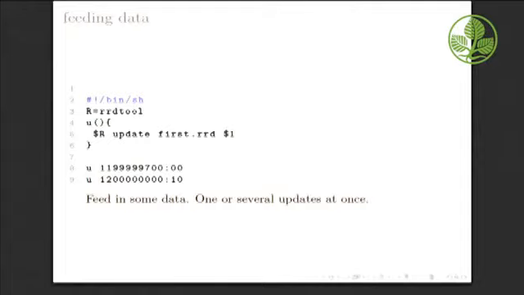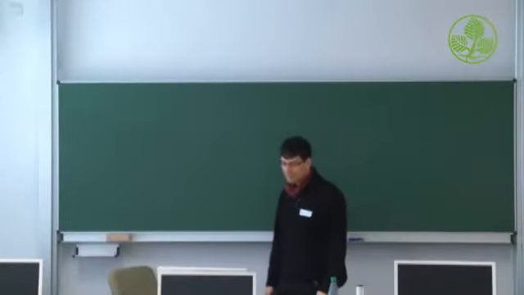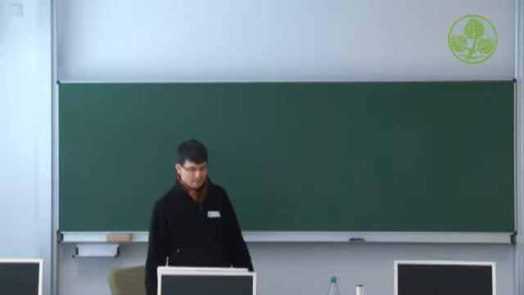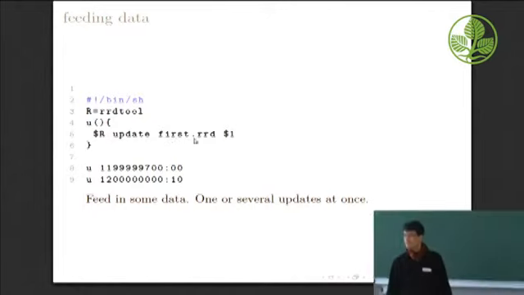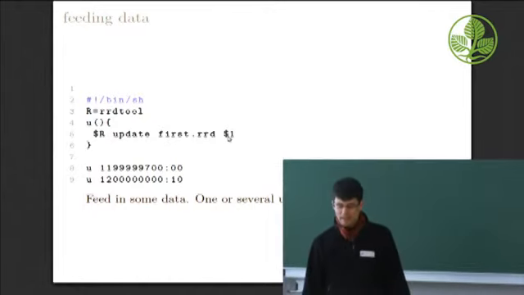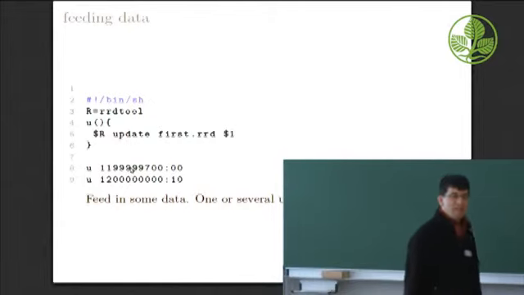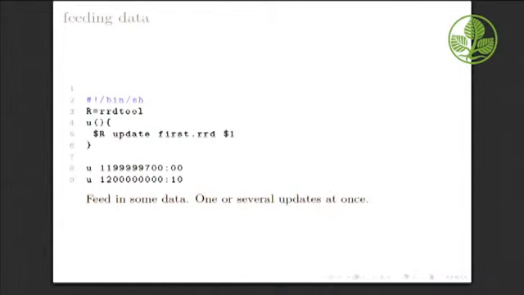Once you've created an RRD file, you can feed it data. It's very simple. You basically say rrdtool update and the name of the RRD file, and then something like this. That's a timestamp, a Unix timestamp. The Unix timestamp is the number of seconds since 1970.